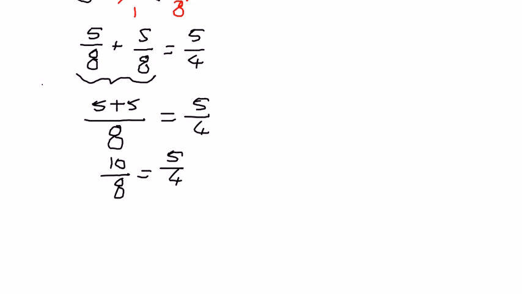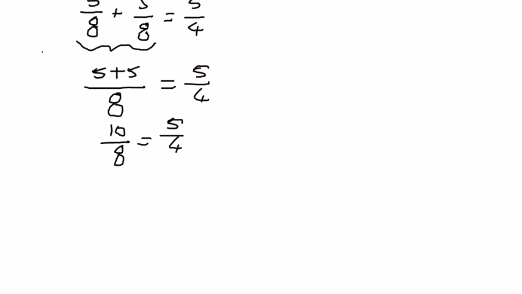When we simplify 10 over 8, 10 and 8 are multiples of 2. 2 times 4 is 8, and 2 times 5 is 10, and therefore the value on the left hand side is exactly equal to the value on the right hand side.